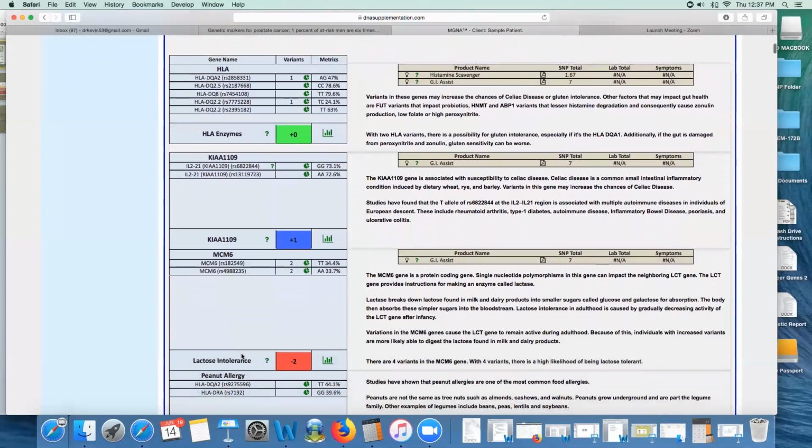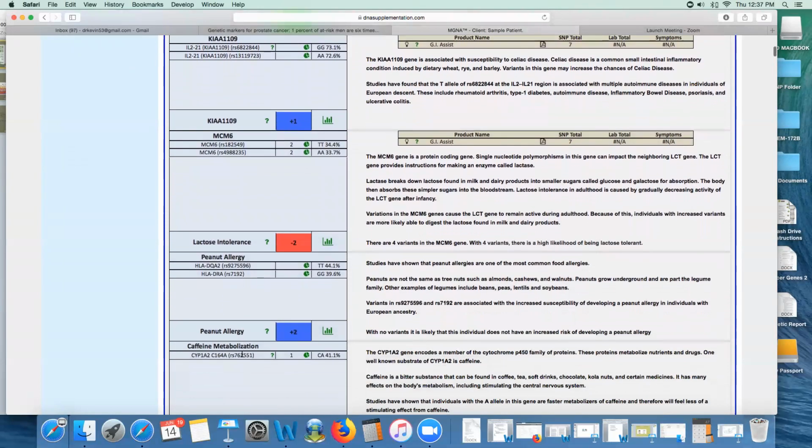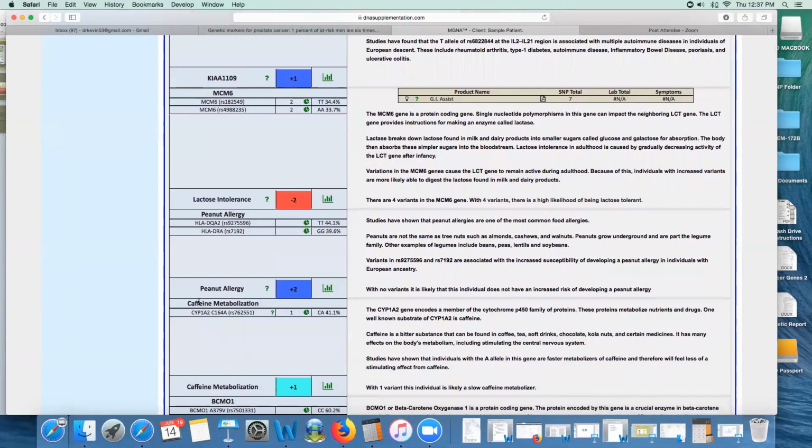Now, some genes you may actually want to have a variant on. One would be caffeine metabolism, this cytochrome P450 gene. If you have a defect on this gene, you will process caffeine more quickly.